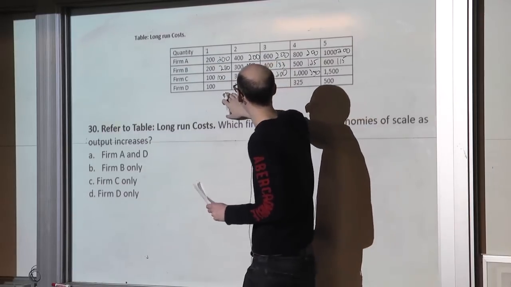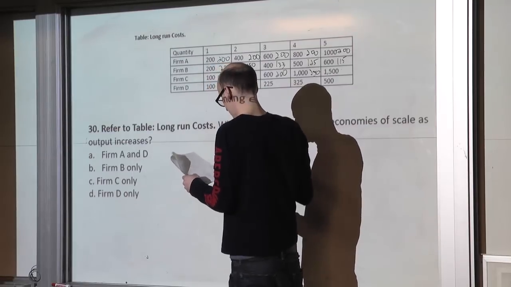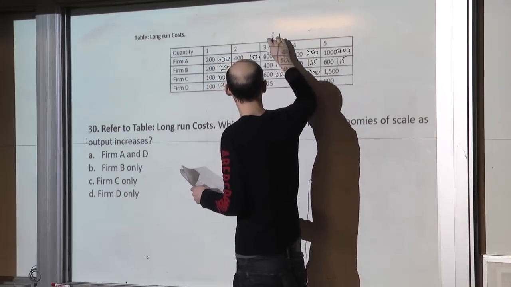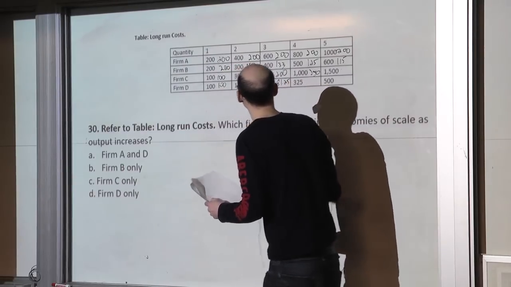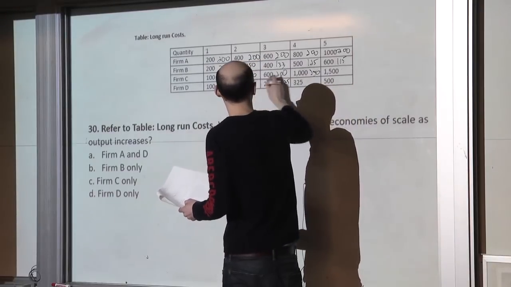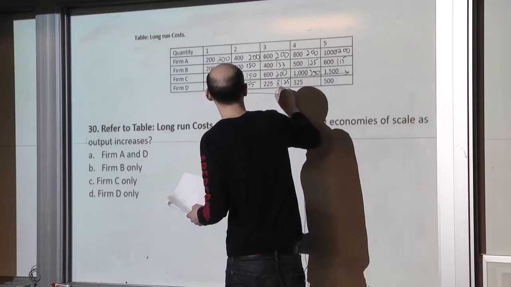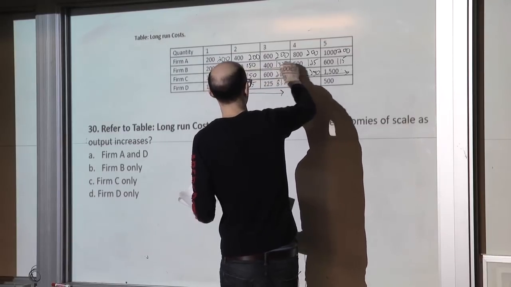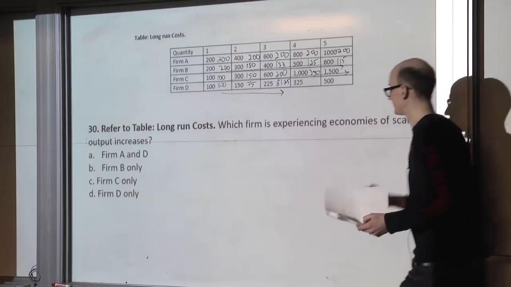How about for this one? 175, 220, 81.25. So okay, we can stop there. This one, the average total cost is increasing. This one, it decreases but then increases. This one, it's decreasing along all quantities.